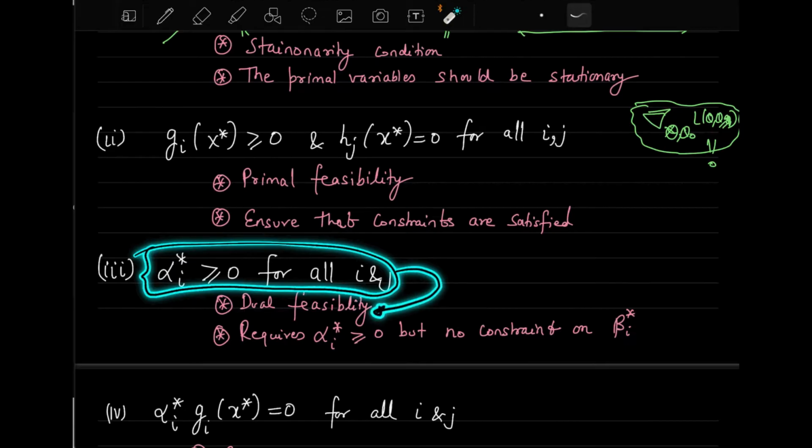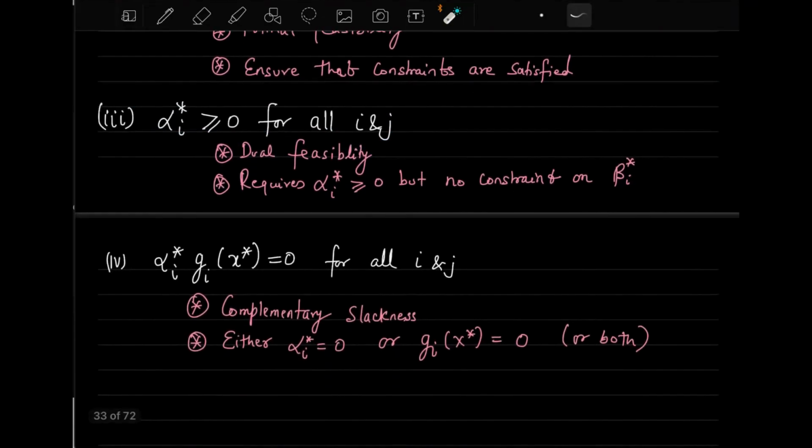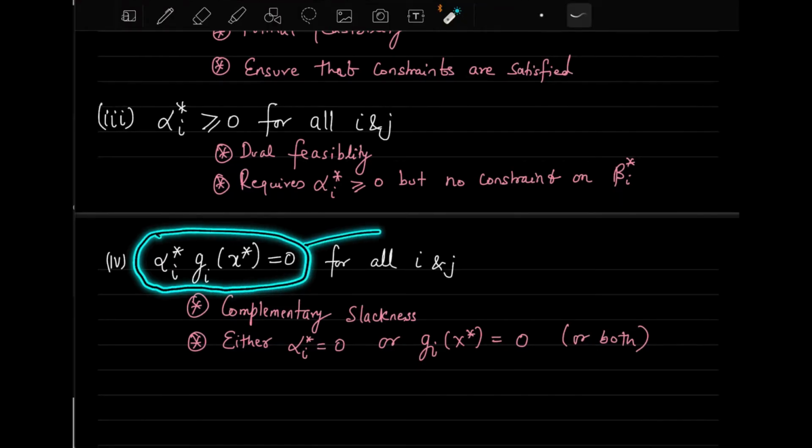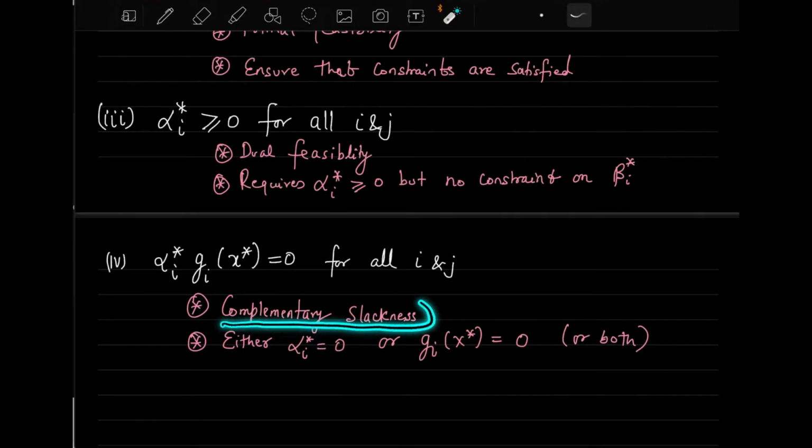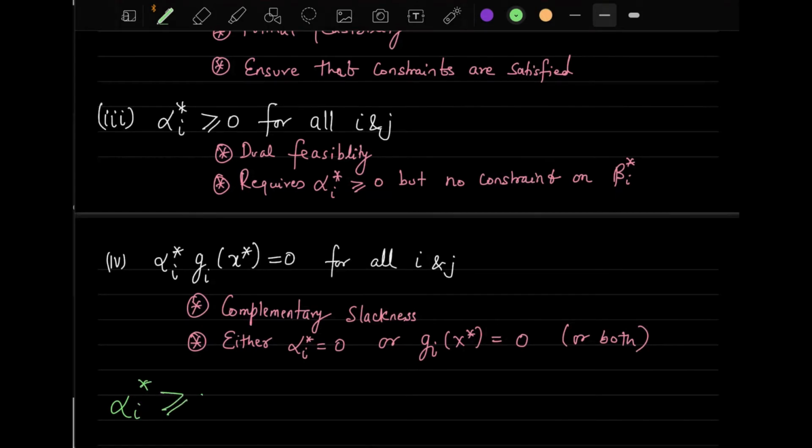And what is the fourth? The fourth one is this. This is very important. This will come again and again, so I want you to focus on this. This is called the complementary slackness condition. What it says is that alpha_i star times g_i(x star) is equal to 0. In this situation, you know that alpha_i star is always greater than or equal to 0, and g_i(x star) is always less than or equal to 0.